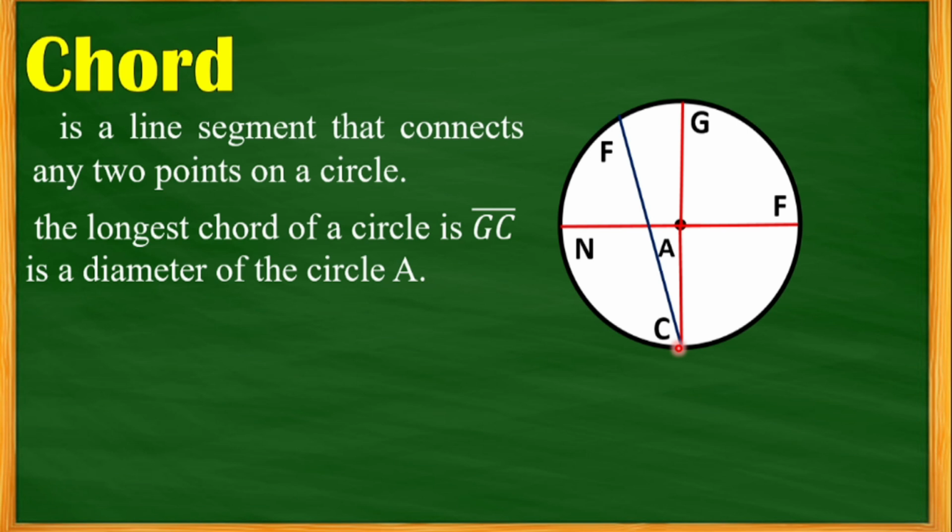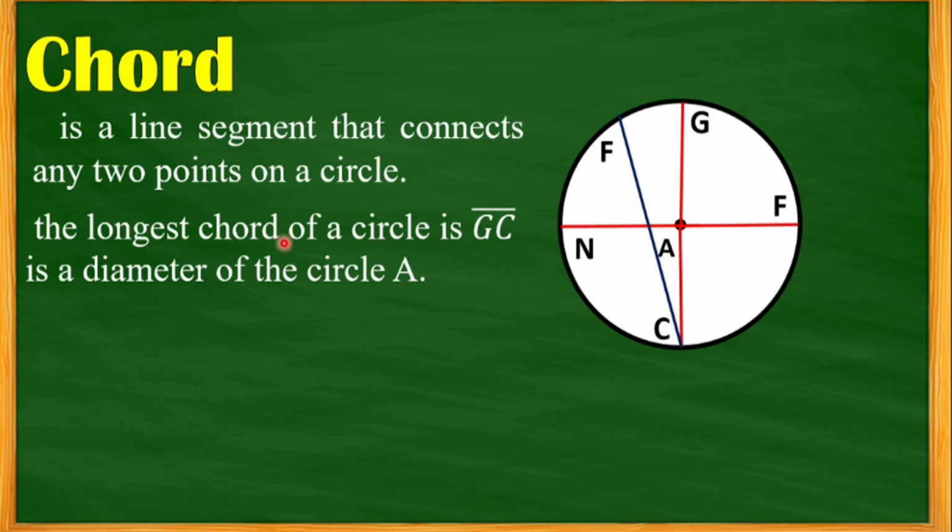Why? Because by the definition, a diameter is a line segment that connects 2 points on a circle passing through the center. But a chord is a line segment that connects 2 points on a circle. It does not cross the center.